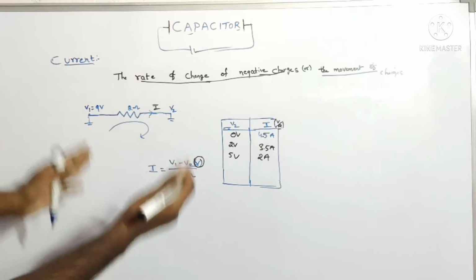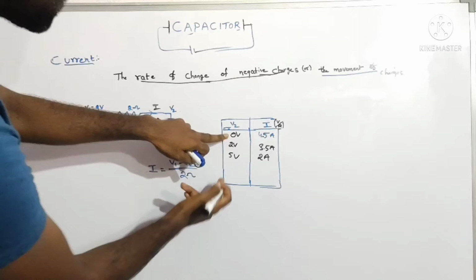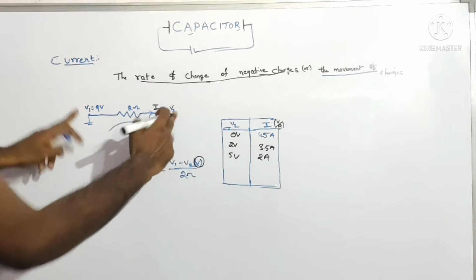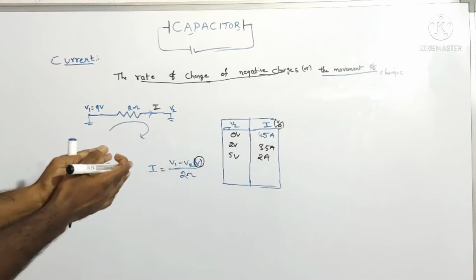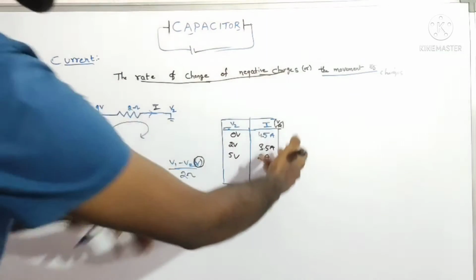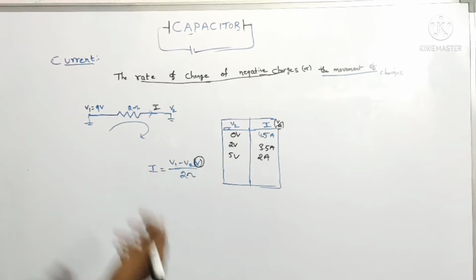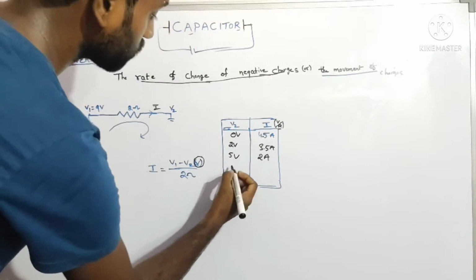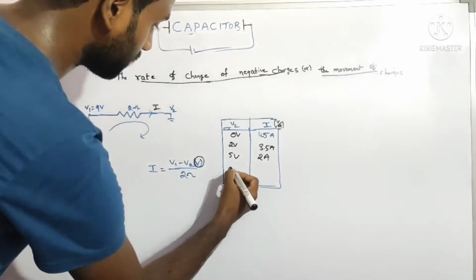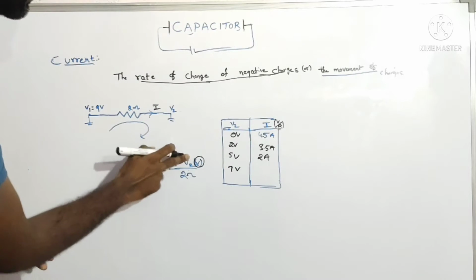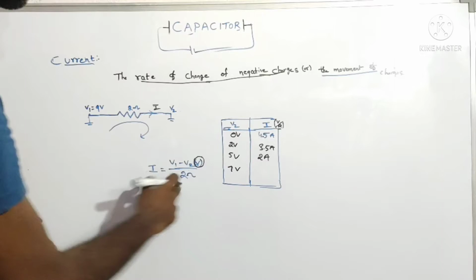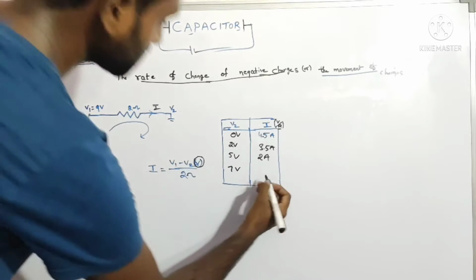It is decreasing because we are reducing the gap between V1 and V2, right? We are reducing the potential difference between V1 and V2, and so the current decreases. Now I'm going to take another value, 7 volts. I'm reducing this further. 9 minus 7 over 2, that is 2 over 2, that is 1 ampere.